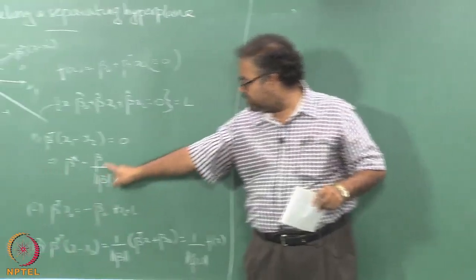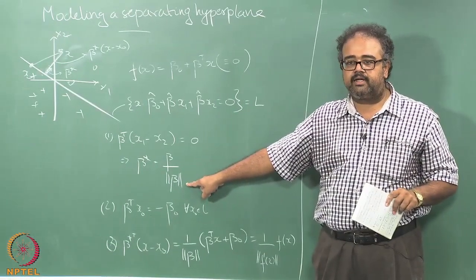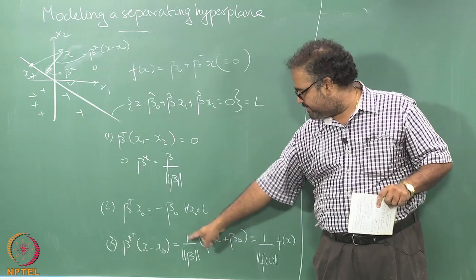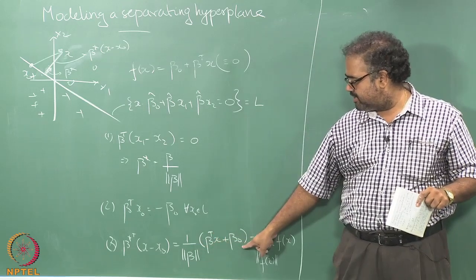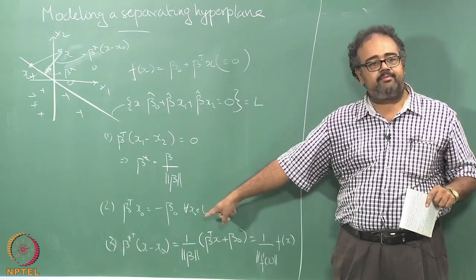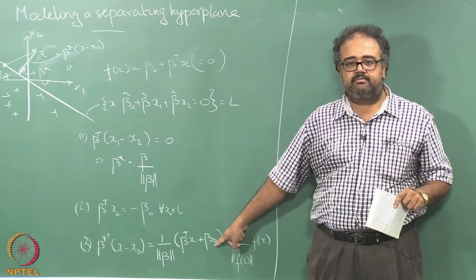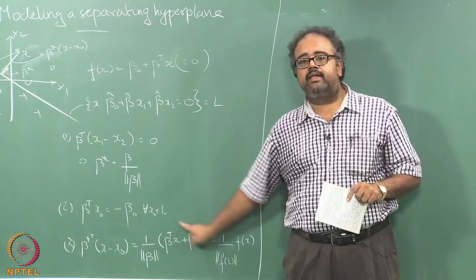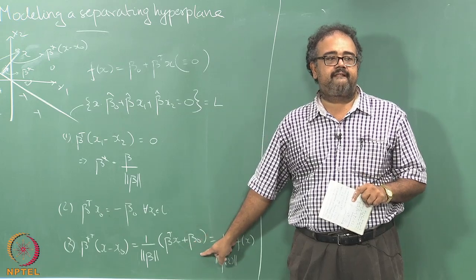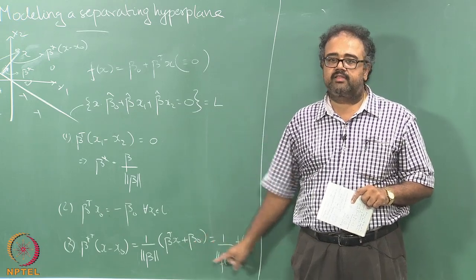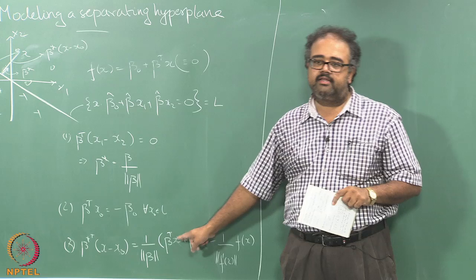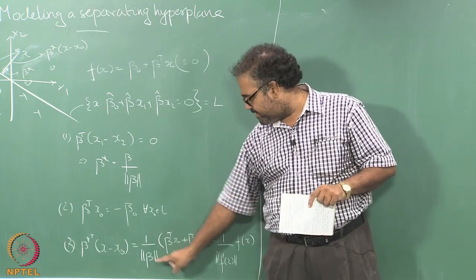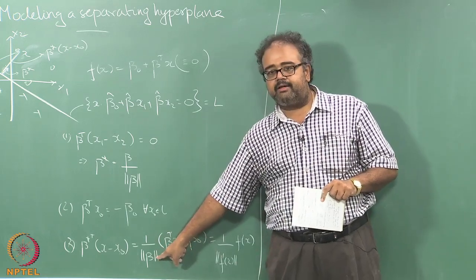Beta star we know is beta by norm beta. So I replace that, and I get beta transpose x plus beta naught, because x naught times beta is minus beta naught. So I get plus beta naught. And this expression is actually f of x. So this is f of x divided by norm beta, and beta is what?